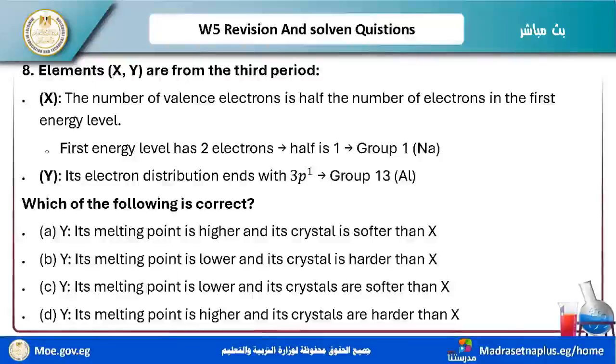Aluminum is harder than sodium. Why? Because sodium has only one electron, but aluminum has three electrons in the outermost energy level. So the hardness of aluminum is greater, and the melting point of aluminum is higher too.